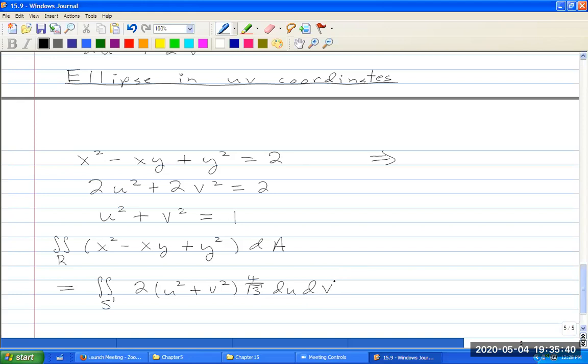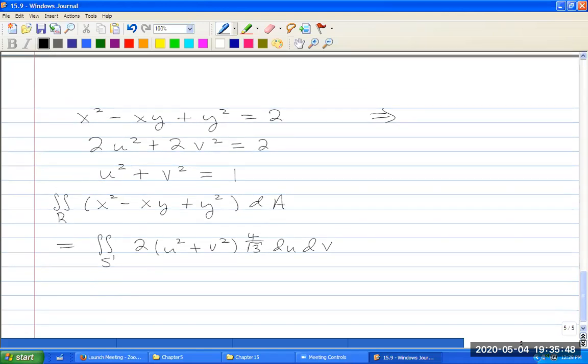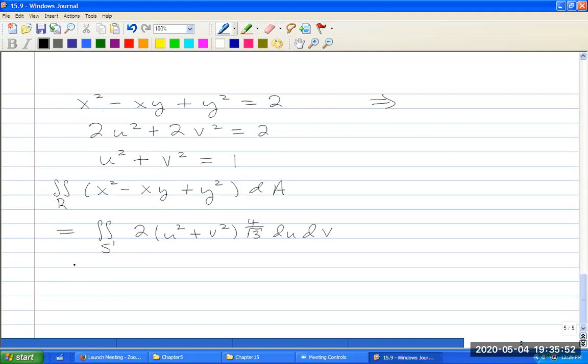Okay, so now I'll assume that I don't know polar coordinates, but I'm going to do another change of variable to make this look a little nicer, polar coordinates.